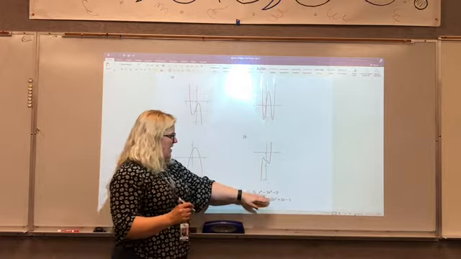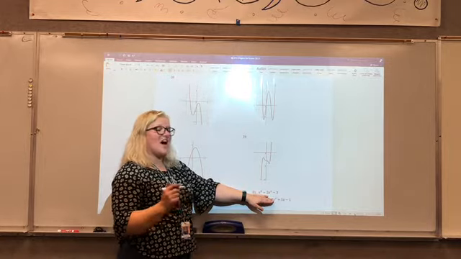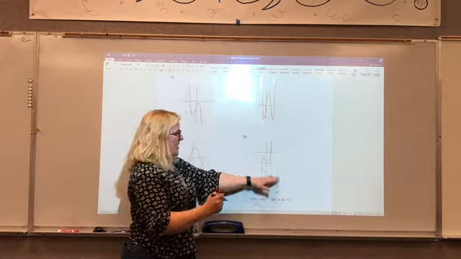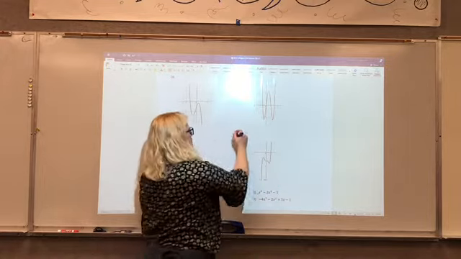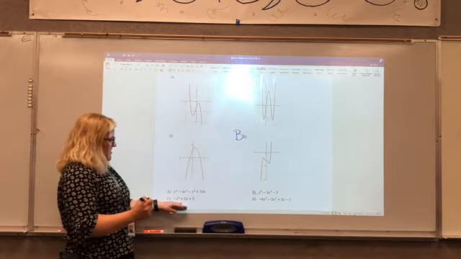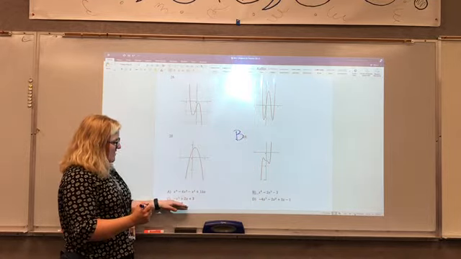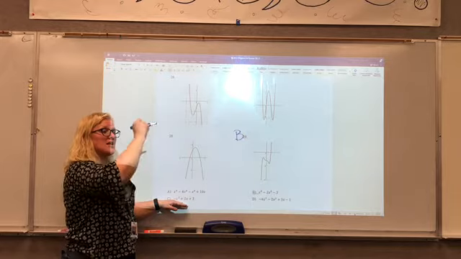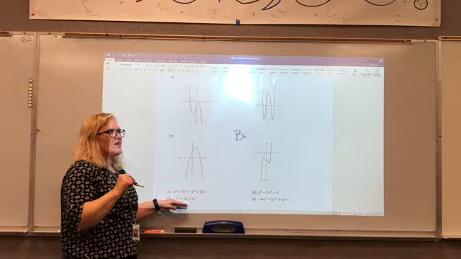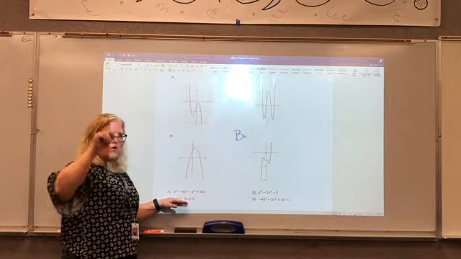Okay, B, I have x to the 5th. So it's odd and positive. So it's going to go like this. And I see that I have this one that looks like that. This one, C, I have negative x squared, so it's even, so it's going to go down. Well, it's negative and it's even, so they're both going to go down.